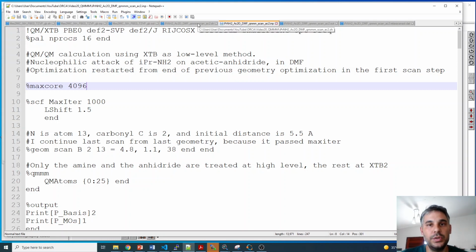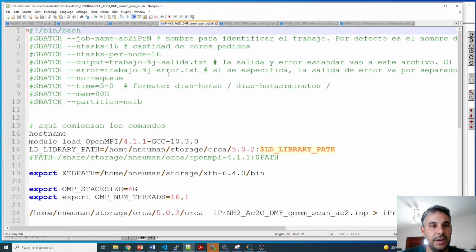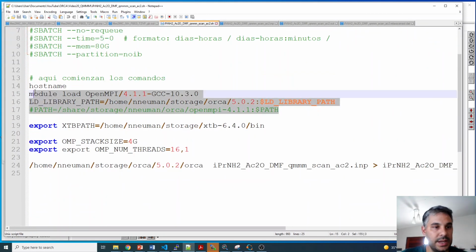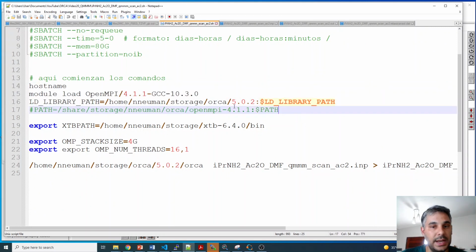So I'm not going to discuss how to install it in this video, but I'm going to show at the end of the video where you can get the program and you can follow the instructions there. But in the shell file, which is this one, a lot of this stuff is standard that I use for running calculations in the cluster, like loading the dynamic library path.